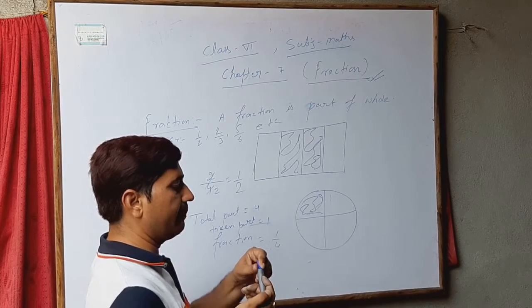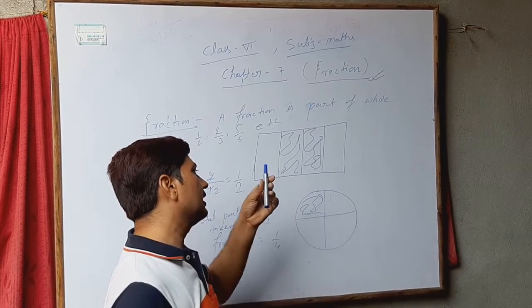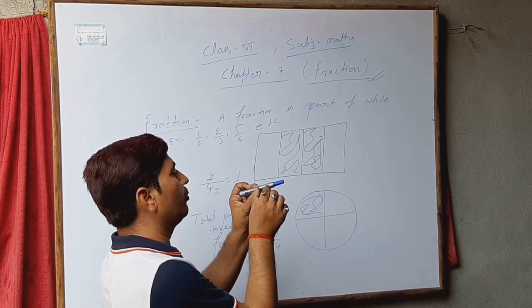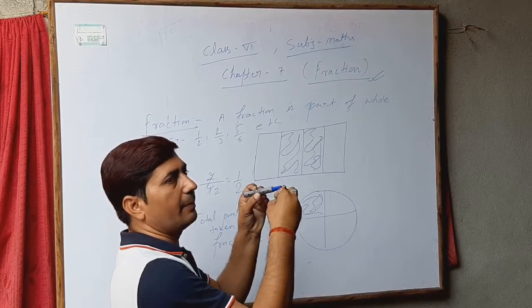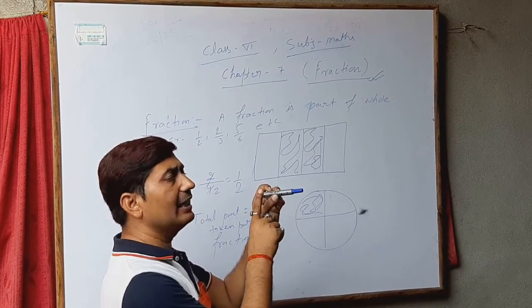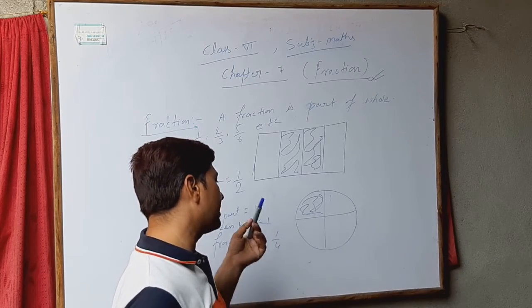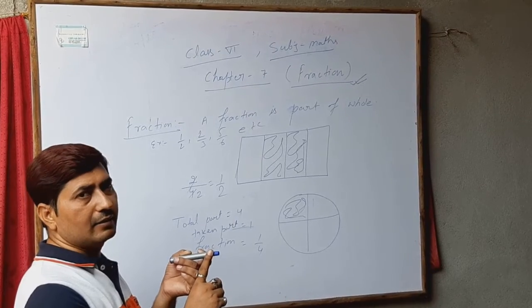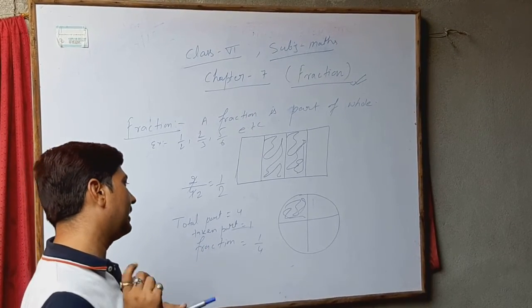Suppose that this is the pen. इस मार्कर को क्या किए? 3 पार्ट में बांट दिए. 1 पार्ट, 2 पार्ट, देन 3 पार्ट. एक पार्ट को आपने ले लिया. How many parts have you taken? 1 by 3 part. Because total part has been given 3, 1 part you have taken. That's why we can say that you have taken 1 by 3 part.